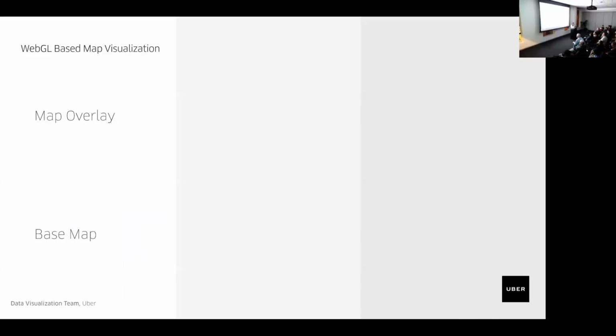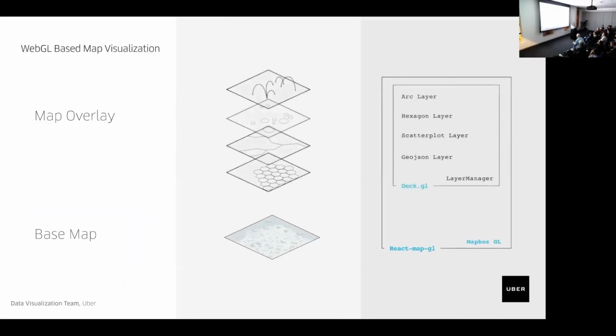So a basic WebGL-based map visualization application, look at this. You have your base map, which is rendered with Mapbox.gl and React Map.gl. And then you have your visualization layers on top of that, which is handled by Deck.gl. Deck.gl has a layer manager that comes with a suite of basic layers that you can play around with, or you can write your own Deck.gl layer.